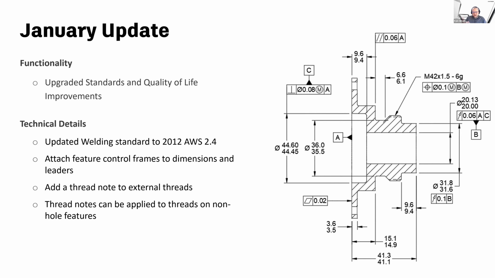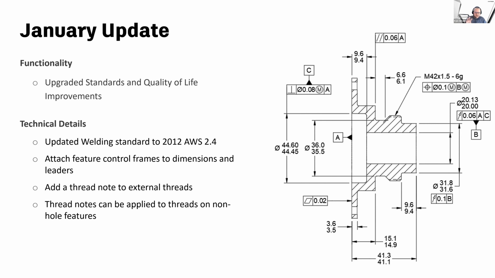And then the other couple of things were just some gaps that they were cleaning up, which they did a really great job of. One was attaching the feature control frames to the dimensions and the leaders. This was really nice to have. Before this, anytime you were changing dimensions, you would have to update your feature control frame as well. Now that they're attached, they all move together.